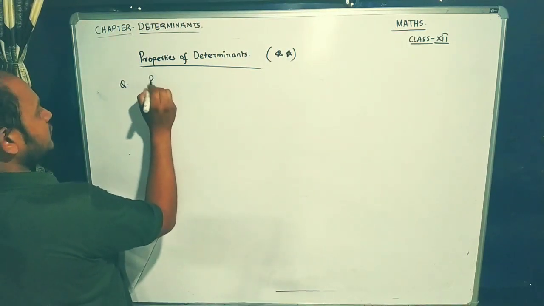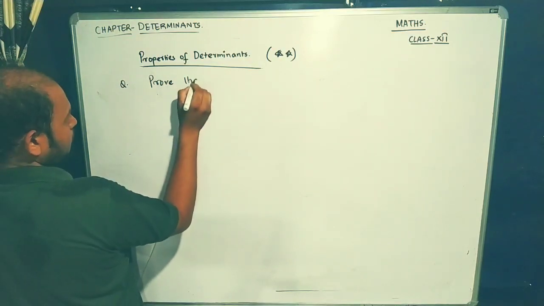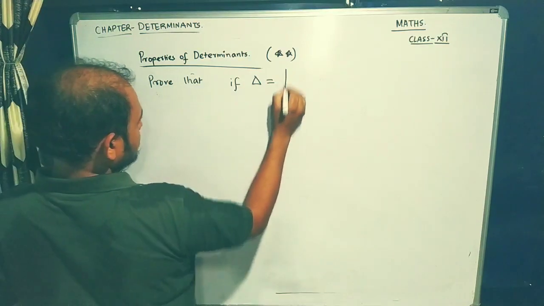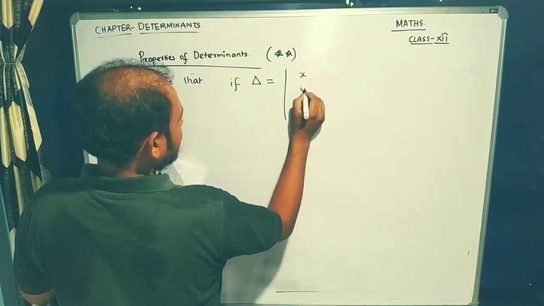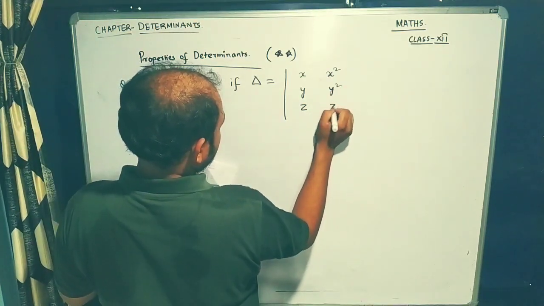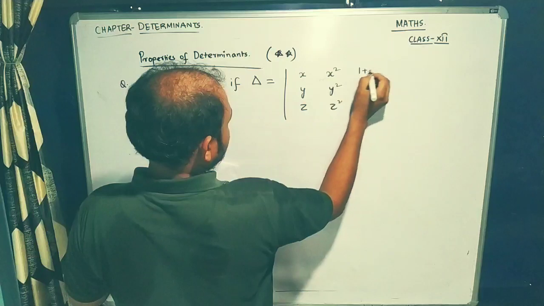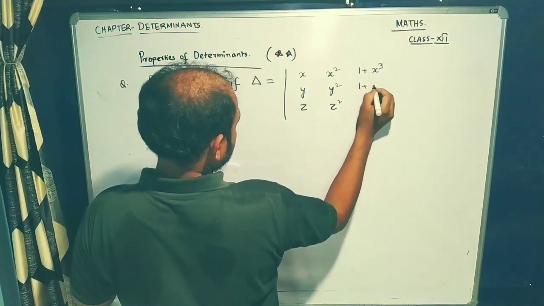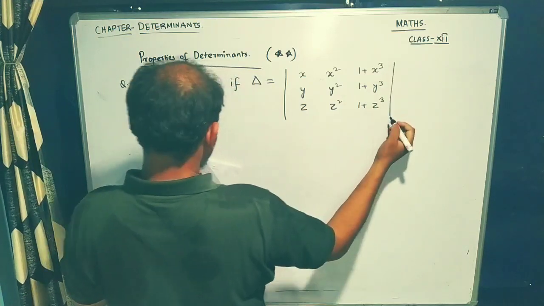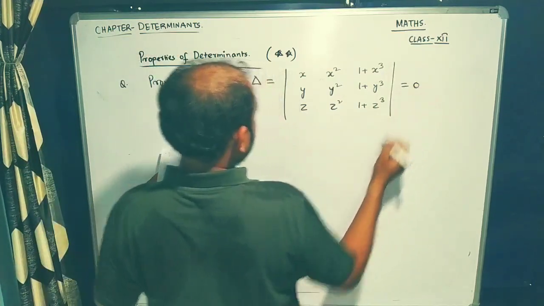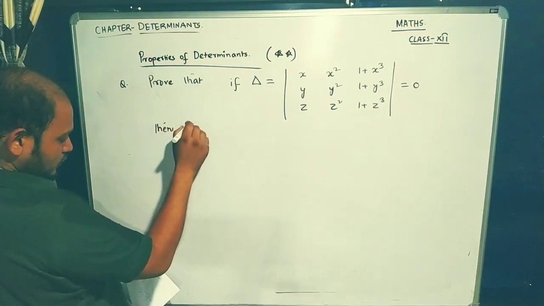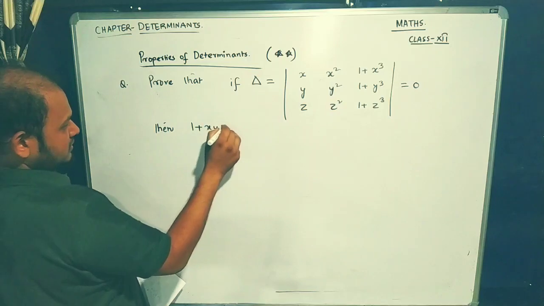Question is, prove that if delta is equal to this determinant x, y, z, x square, y square, z square, 1 plus x cube, 1 plus y cube, 1 plus z cube is equal to 0, then 1 plus xyz is equal to 0.